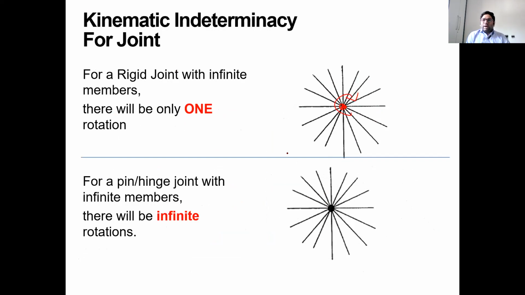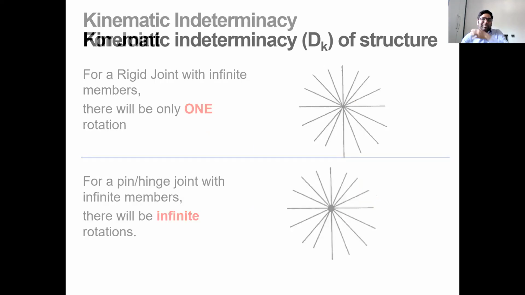So because it is stable, it will rotate only in one direction. But if it is a pinned joint, it can move this way, in any number of ways it can rotate. So this is one of the very important concepts that you need to understand, that a rigid joint will rotate only in one direction, but if it is a pinned or a hinge joint, then it will have infinite rotations.